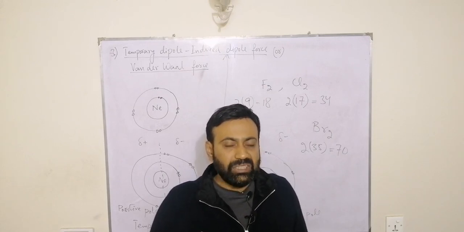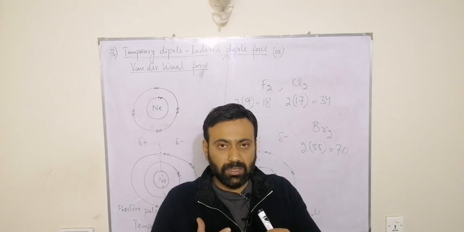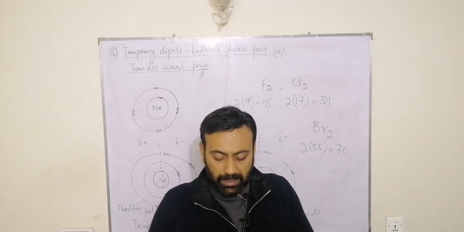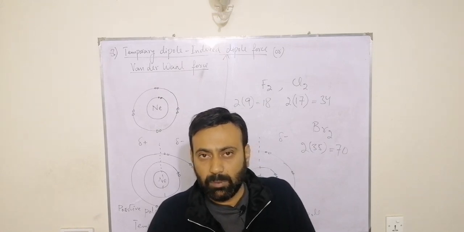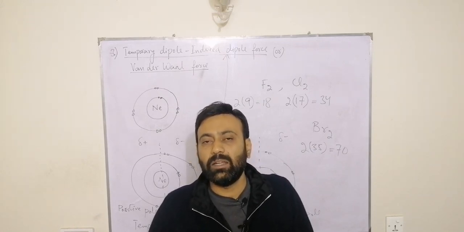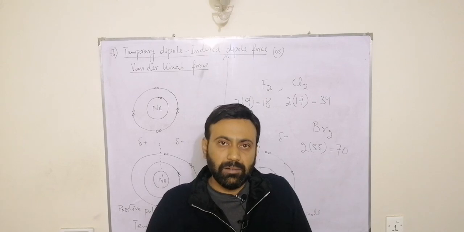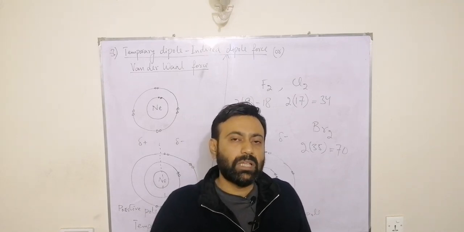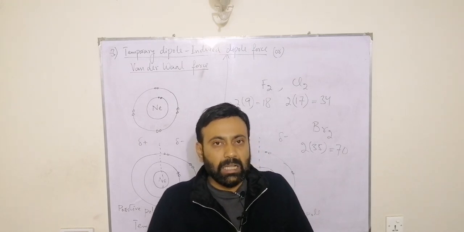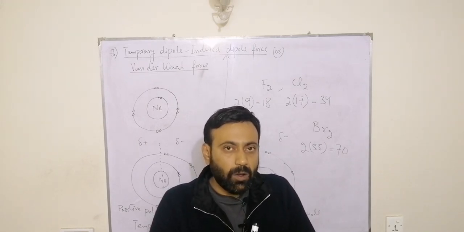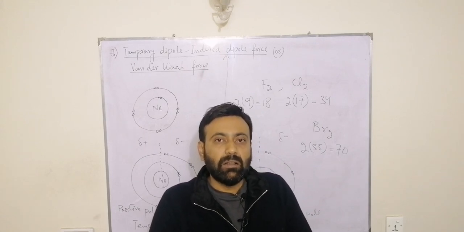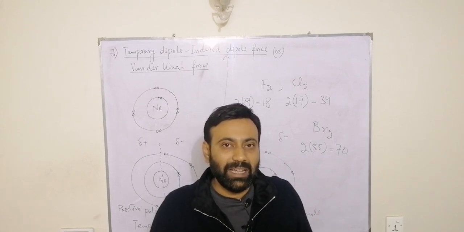Now, among these 3 forces that you have studied today, permanent dipole force, hydrogen bonding, and temporary dipole induced dipole force, the strongest one is hydrogen bond, and the weakest one is temporary dipole induced dipole force. But the strength of temporary dipole induced dipole force has a pretty wide range.